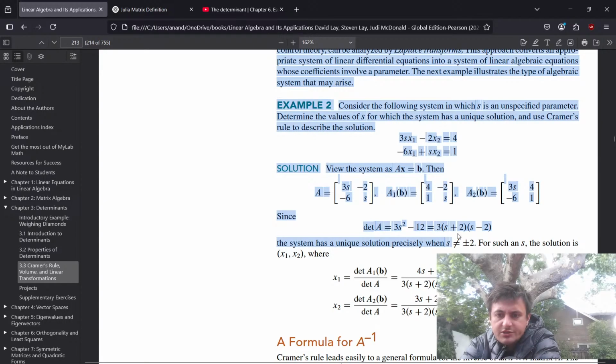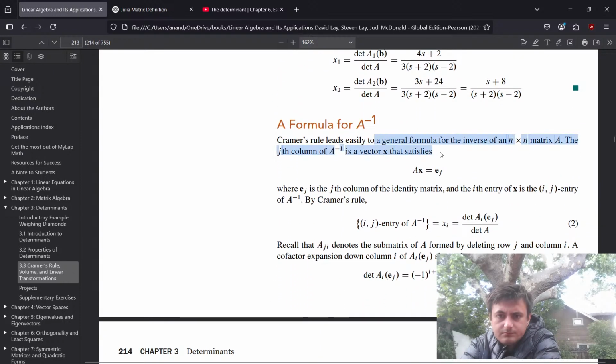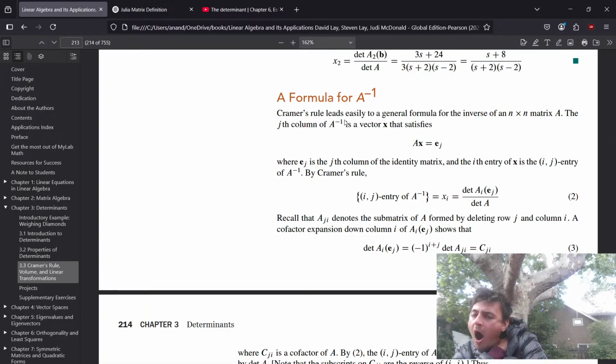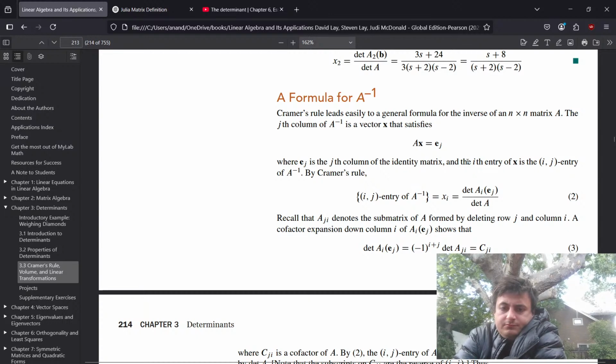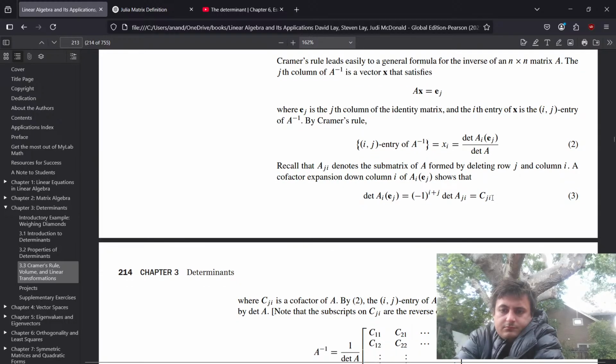All right, so the thing here is just making sure that you find the values where the determinant is non-zero. That is ridiculous.